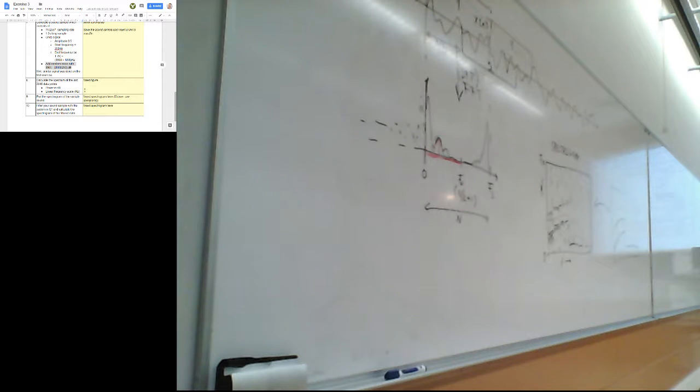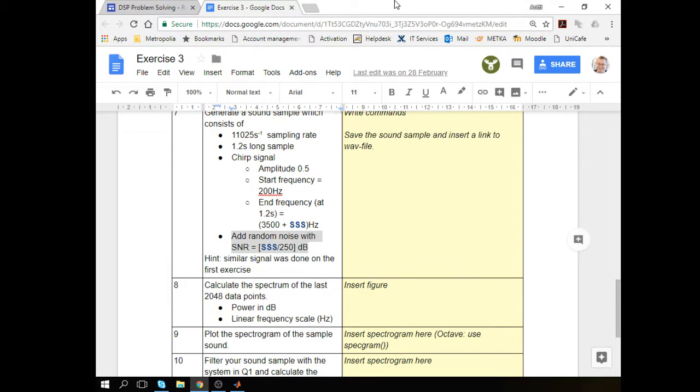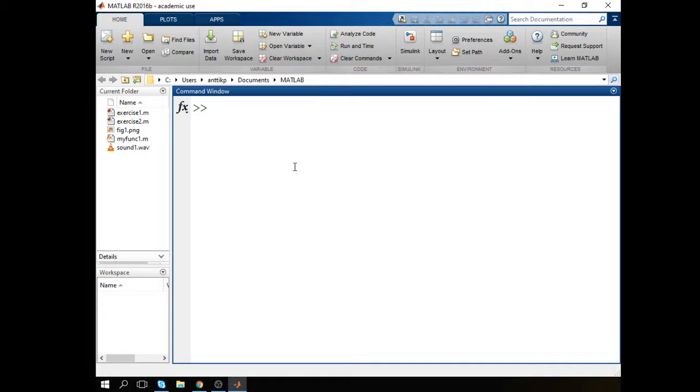Then we'll take a look at what all of this looks like in MATLAB or the competing software, depending on whether it works or not. I have MATLAB already running. The first part was the impulse response.